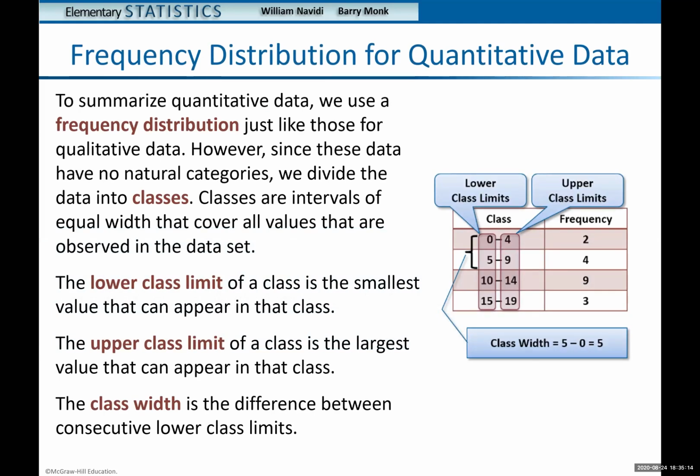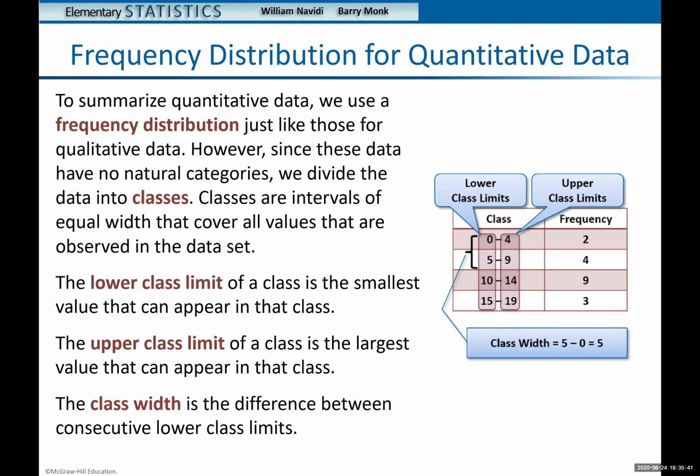To summarize quantitative data, we use a frequency distribution just like those for qualitative data, just like what we did earlier. You saw that there are 4 different types of cards, and then we get the frequencies of each card. This time, since the data has no natural categories, it's not like different types of cards, it's only numbers.